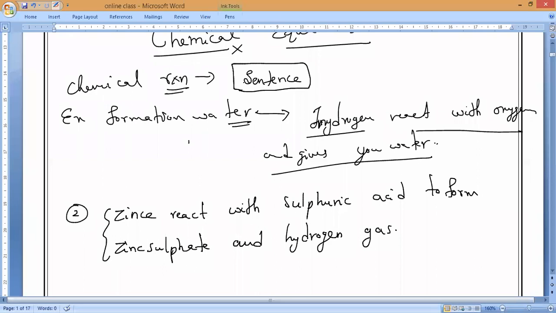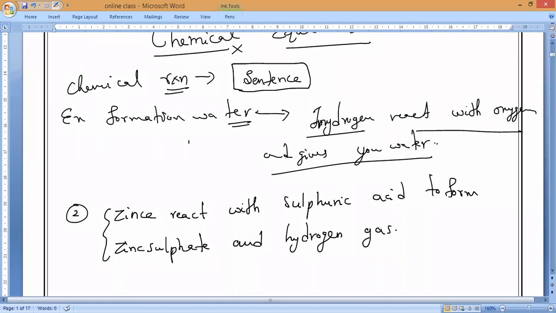Very good. So we cannot overcome this difficulty, and a huge number of equations are there, so we cannot remember them in the form of lengthy sentences. A chemical reaction should be explained by a shorthand method which will help with symbols and formulae.